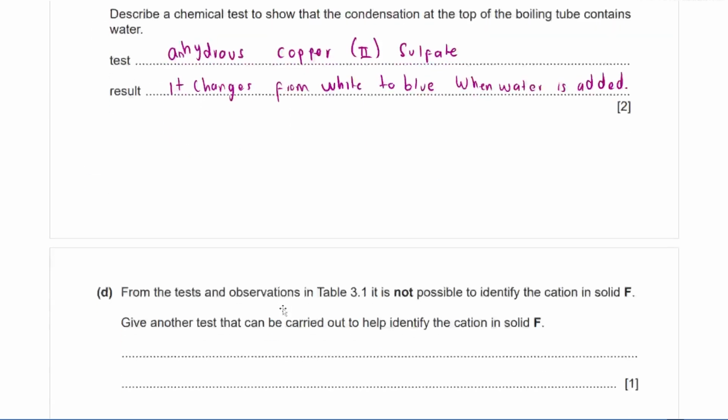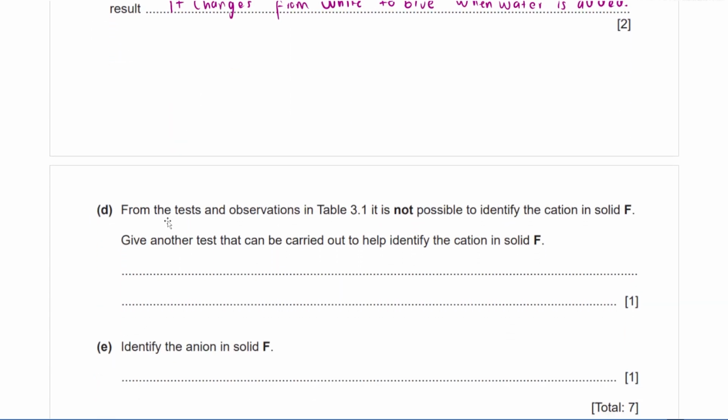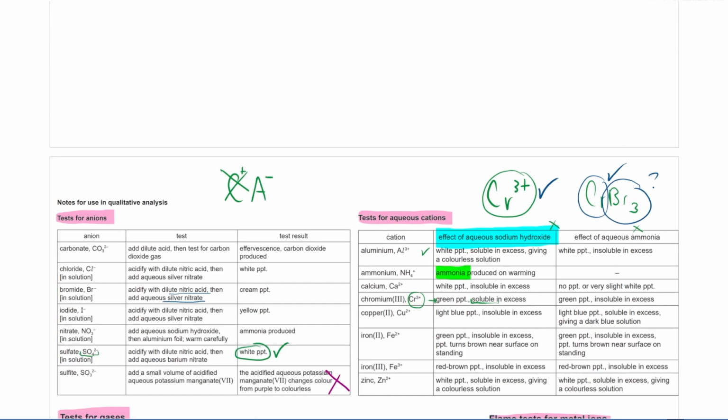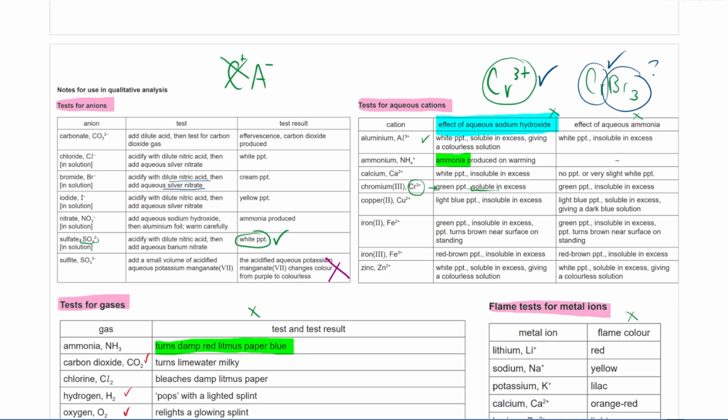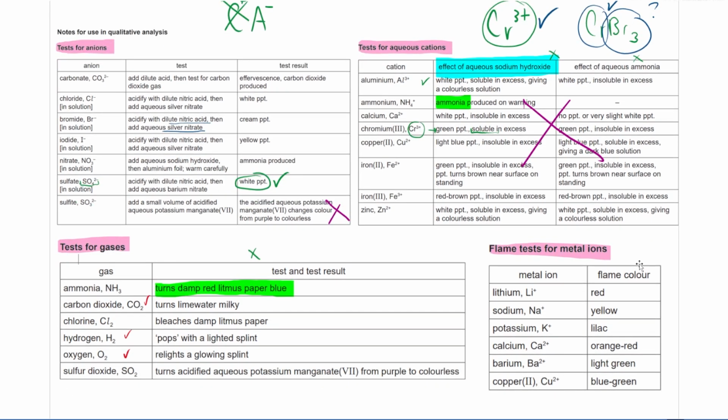Perfect. Now, from the tests and observations in table 3.1 it is not possible to identify the cation in solid F, right? So here we need to suggest another test that can be carried out to help to identify the cation in solid F. If we cannot identify the cation using this table, we only have one chance, and it is to use this table.